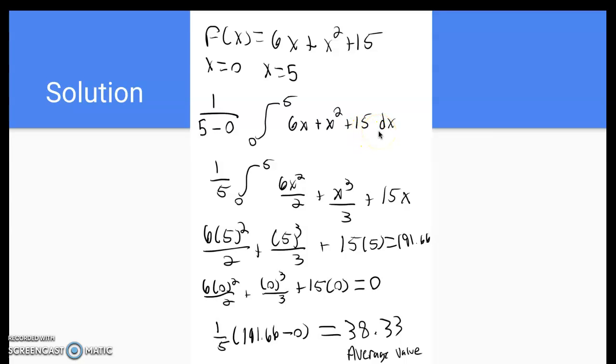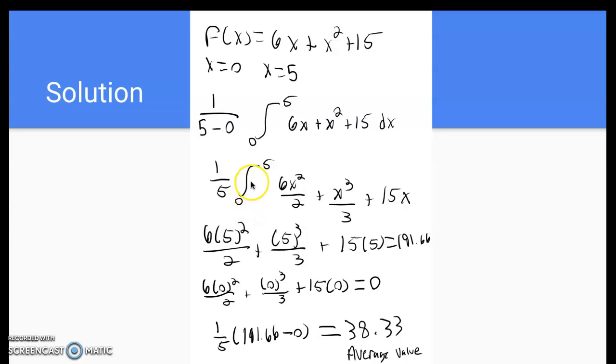And then we have to take the antiderivative of this, which would come out to 6x squared over 2 plus x cubed over 3 plus 15x. And then our fraction, 1 over b minus a, turns into 1/5, because 5 minus 0 is 5.